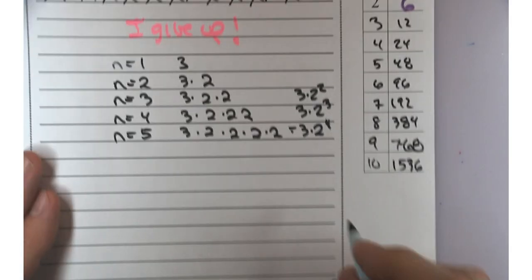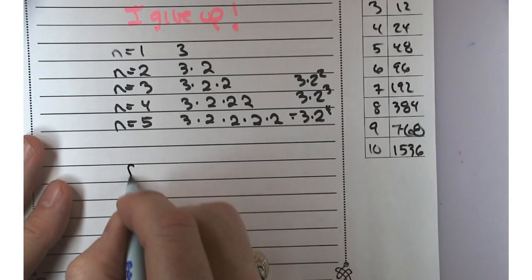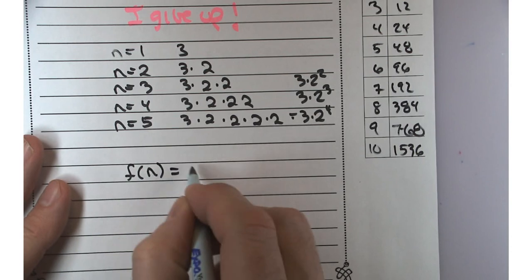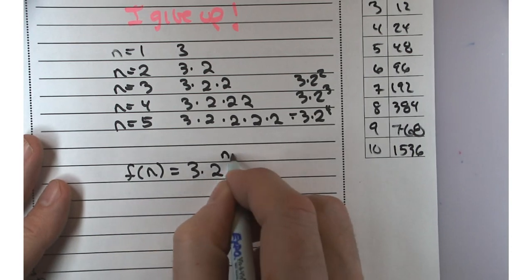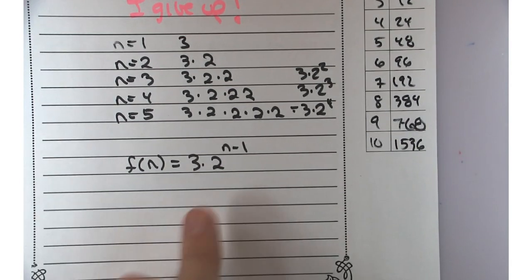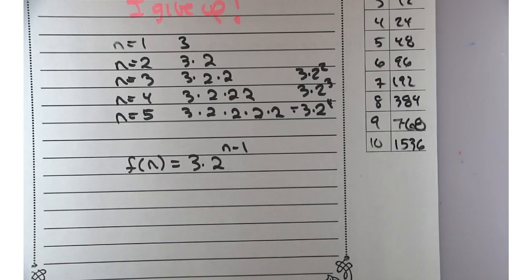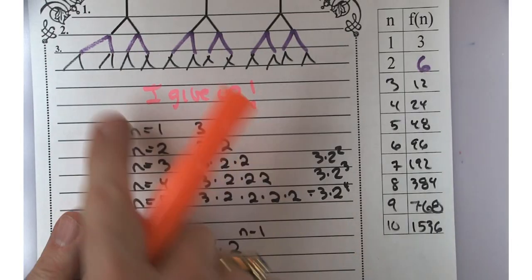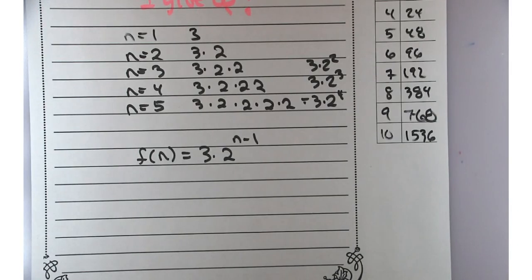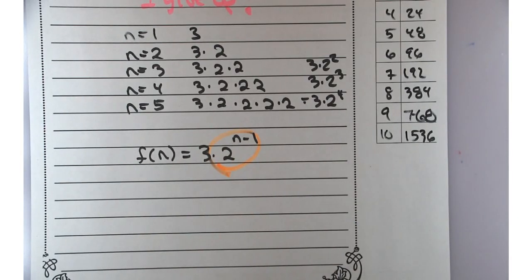So the general formula for this exercise is f of n is 3 times 2 to the n minus 1. Now it's this part right here that gives you the explosive growth in the number of toothpicks that you would need to complete this challenge. And something like this is an exponential function.